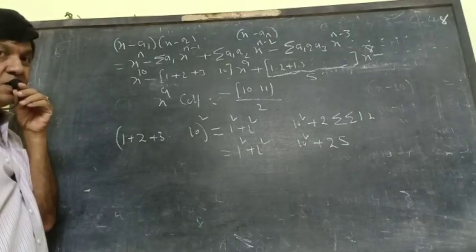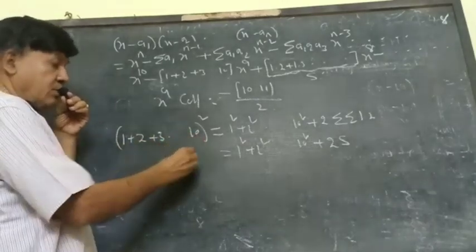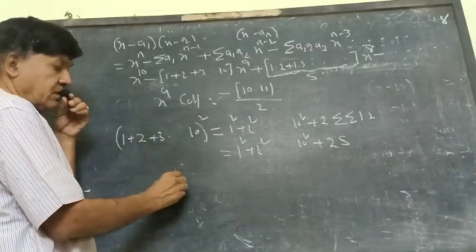Yes, I hope you are all following. So 1 + 2 + 3 up to 10 means what? 10 into 11 by 2.